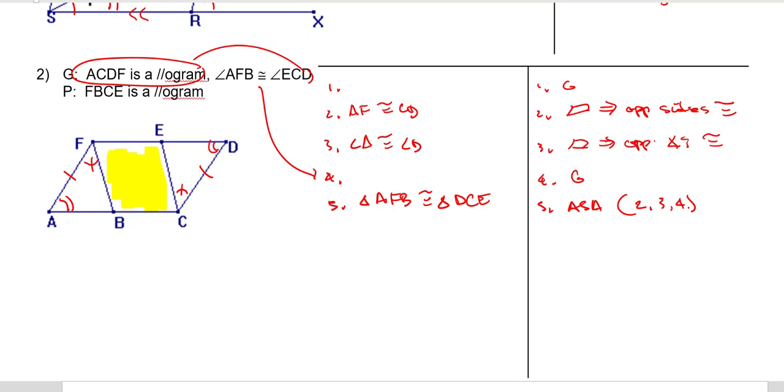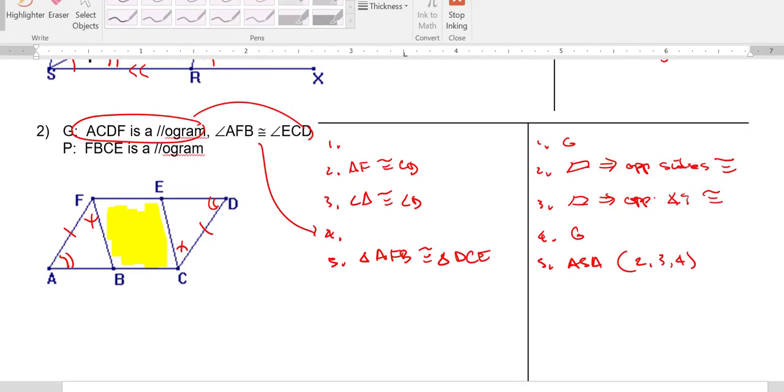Okay, so from here, I can kind of pick which way I want to do this. So I can go something like this. I can say that this is congruent to this, and I can say that this is congruent to this, and I already know that this is congruent to this, so by subtraction I know that this is congruent to this, and I can do opposite sides are congruent.